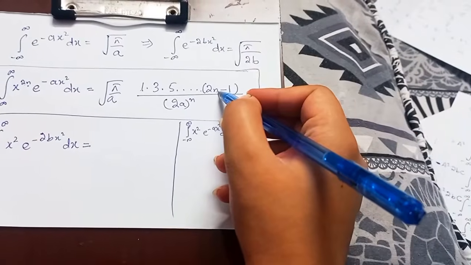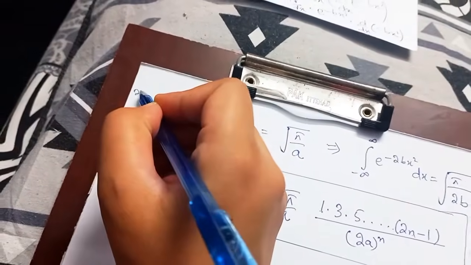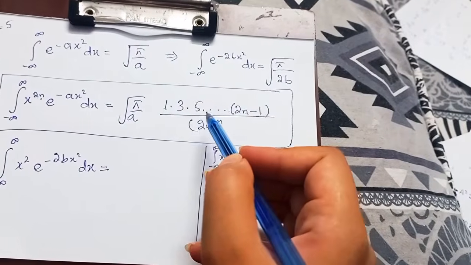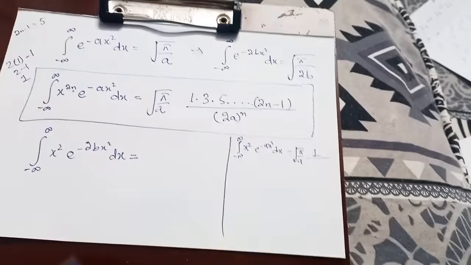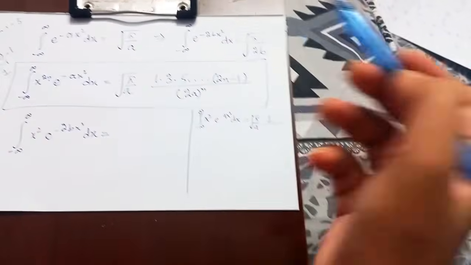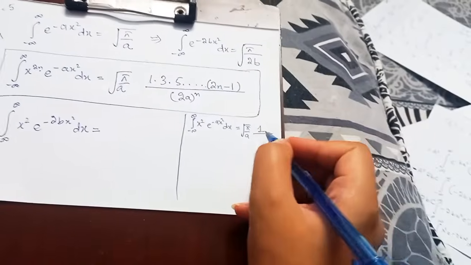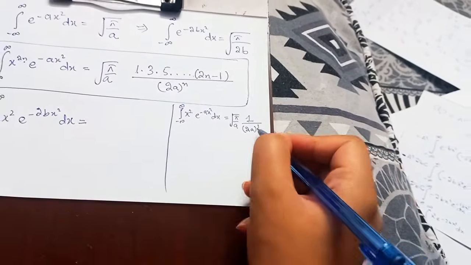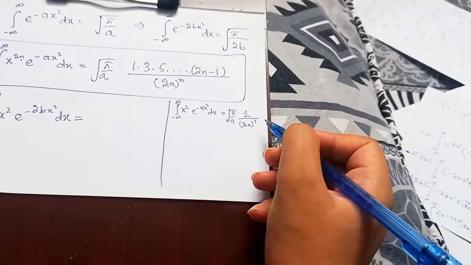If the value of 2n minus 1 would have been 5, it means we have to multiply all the odd numbers till 5, 1 dot 3 dot 5. But it's 1, so we have to start at 1, end at 1, and it's divided by 2a to the power 1, which means 1 over 2a simply.